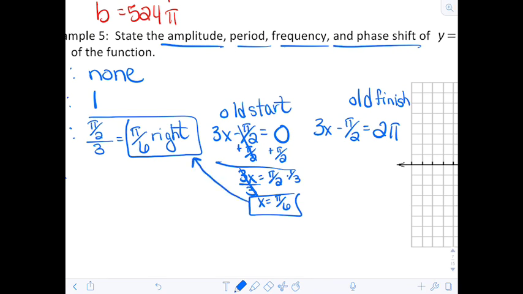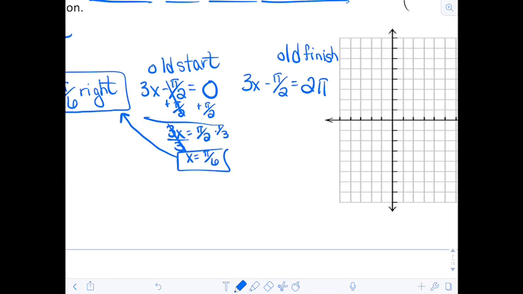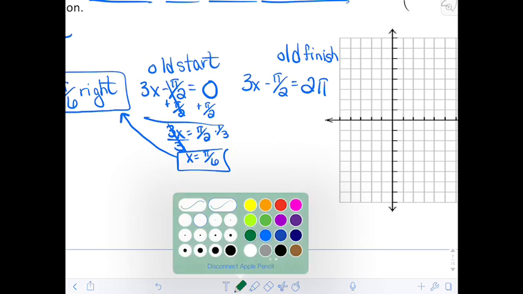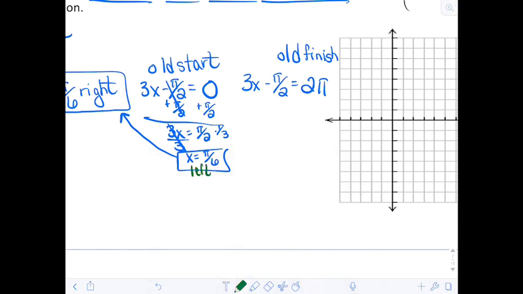Pi over 6 is pi over 6 radians to the right of 0. But what I like even better, so when we do our box, this will be the left side of my box, where it's going to start now. This is my new start. The old finish was at 2 pi. Well, now I'm going to solve this and see where my new finish will be. So add pi over 2.